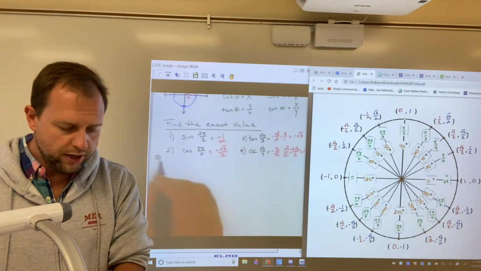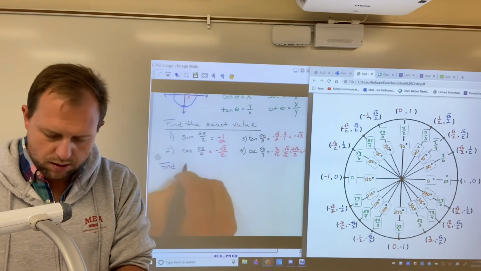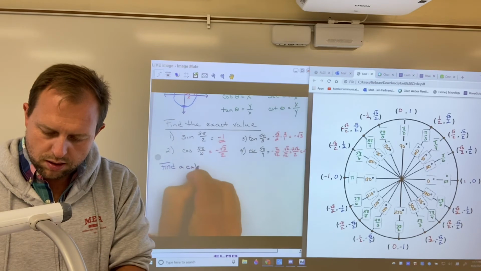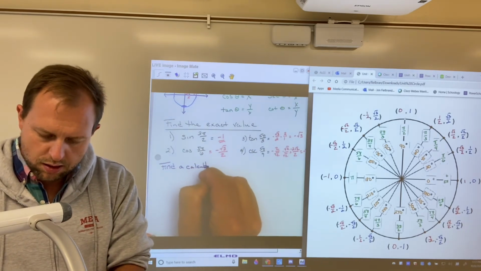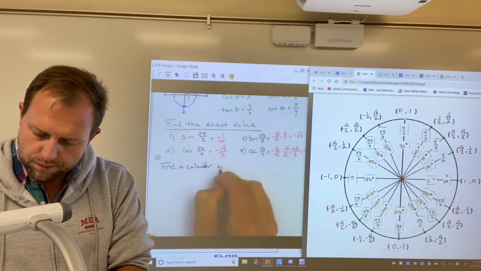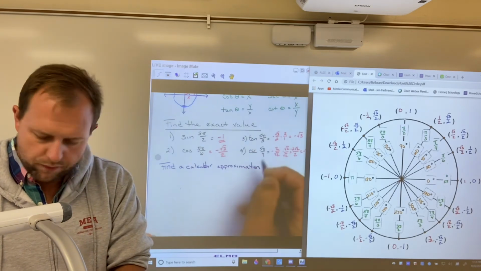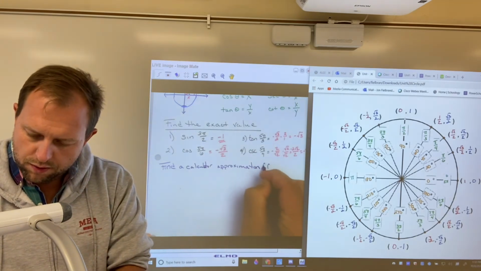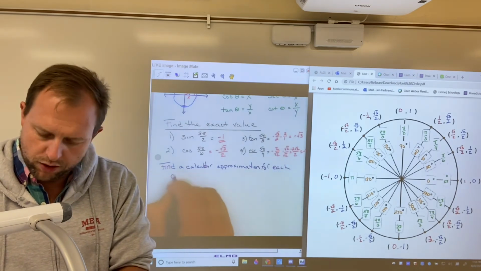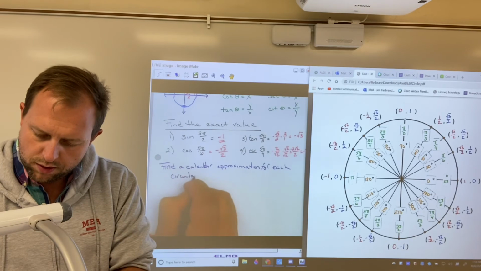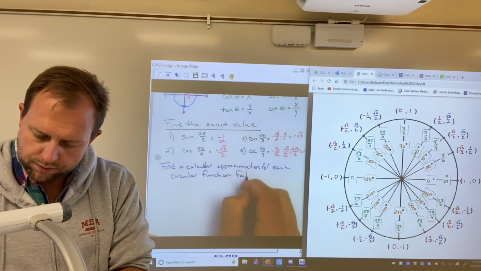Now to find the calculator approximations for each circular function value.